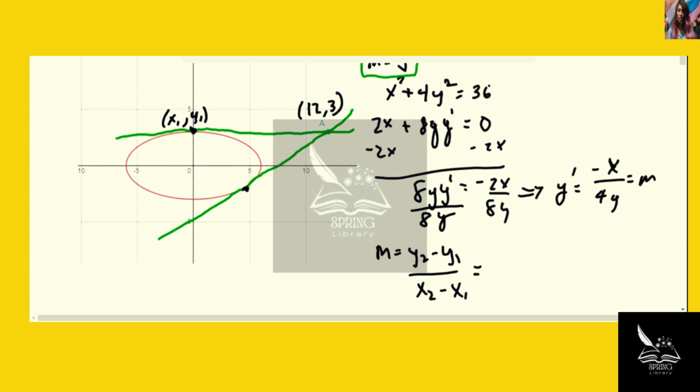So then I know that this is going to be equal to y2 minus, and we'll just call it y instead of y2, some random y minus 3, because that's my y1, over x minus 12. And I know that that's also equal to my expression that I got when I solved for y prime. So that's equal to negative x over 4y.